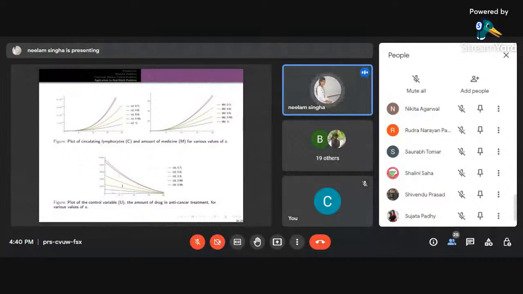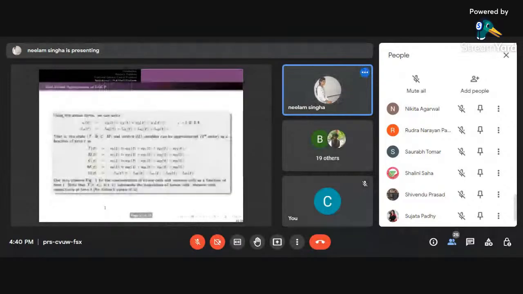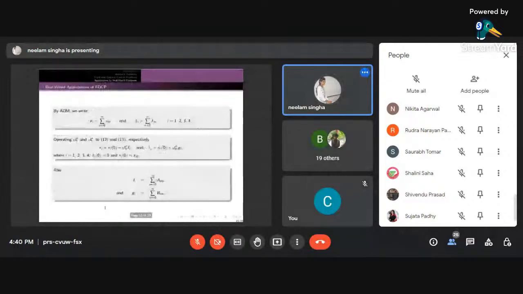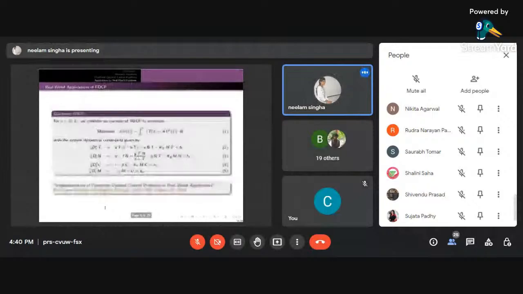Now, one may also get confused about what is the sense of various values of alpha, and is this a single problem? Then the answer would be no. This is not one single problem. As soon as you change the value of alpha, the problem is a specific problem related to that alpha.